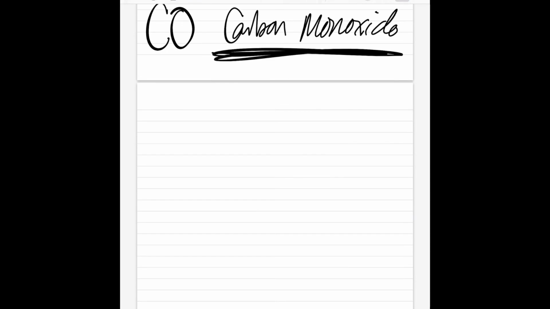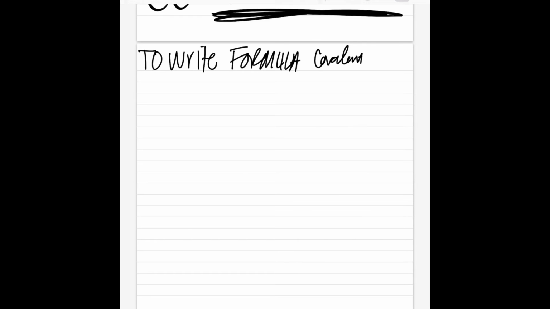Okay, so the next one is how to write the formula of covalent compounds.